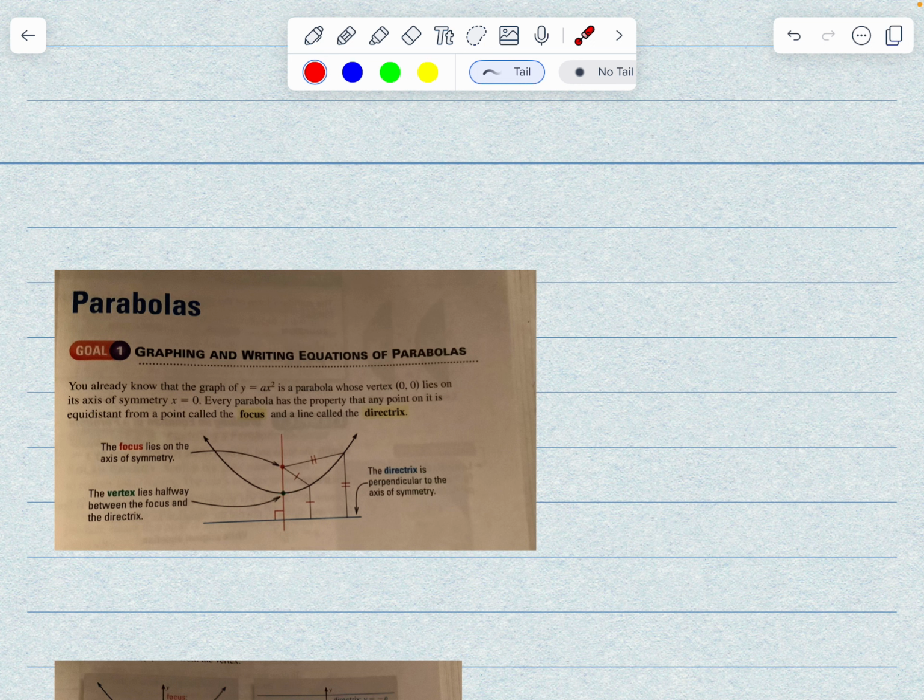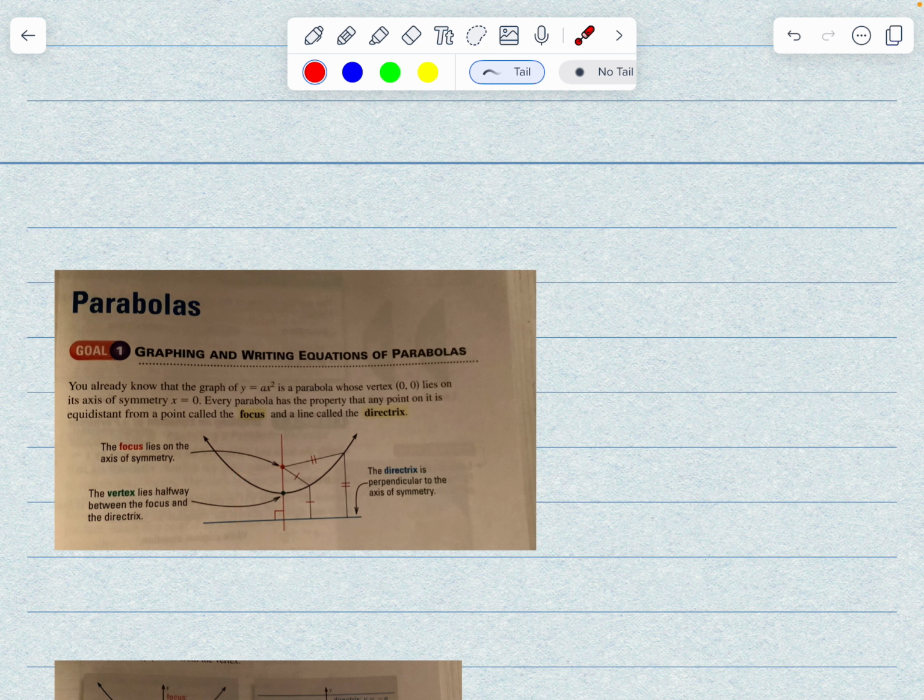Now, what is the parabola? So how do we form the parabola? If you take points such that they are the same distance from the focus and the same distance to the directrix, such a set of points forms the parabola. So if I were to take a point here, this distance and this distance should be equal.